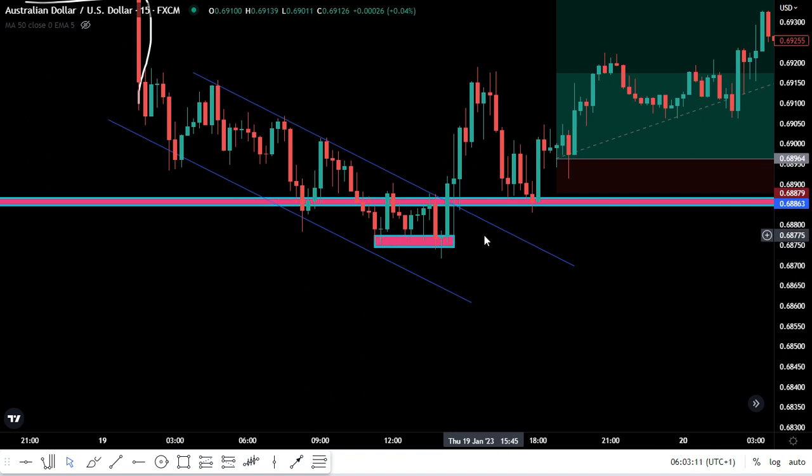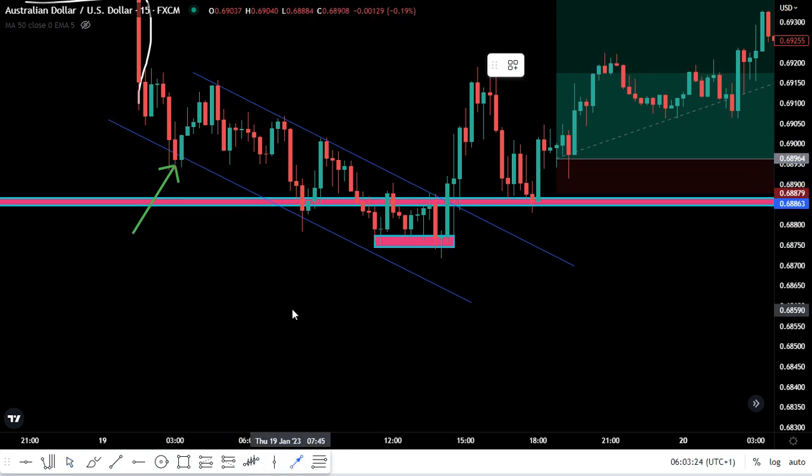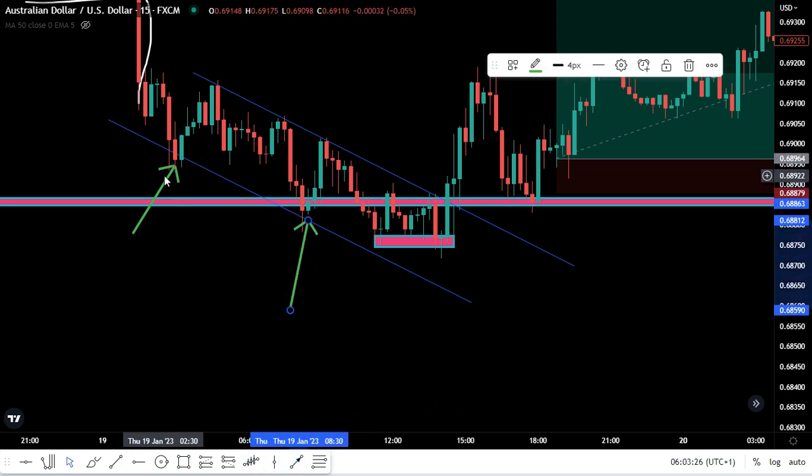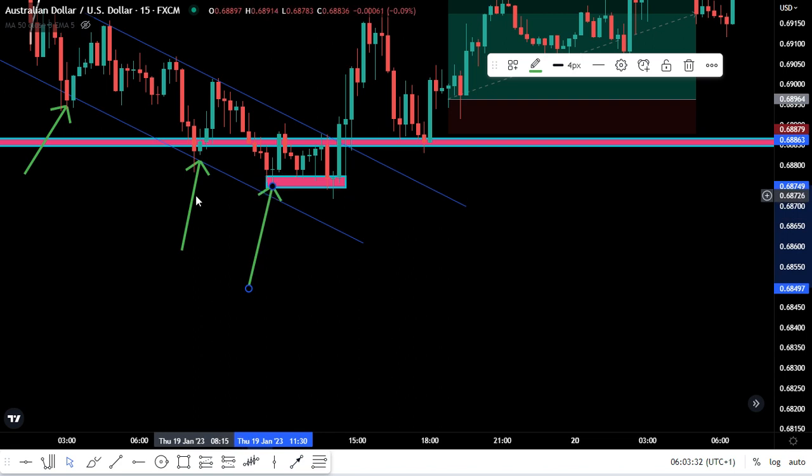So this is another signal that we are now reversing. At this first swing low, when the channel is being created, the price created a new low which is lower than the first one. Then here the price created a new low which is lower than this one.